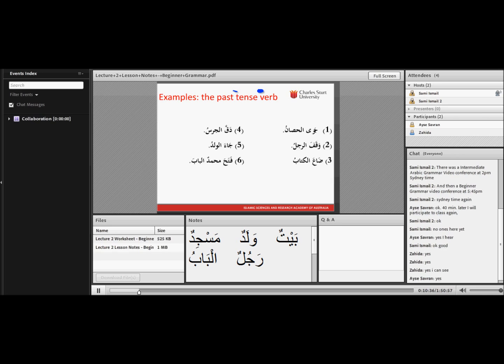Okay. So let's look at number 1. Here it says Jara al-Hisanu. We're not going to be too concerned about this one at the moment. We're just going to be looking at the past tense verb, the Madi. So I'm just highlighting the Madi verb now. This is a Madi verb.